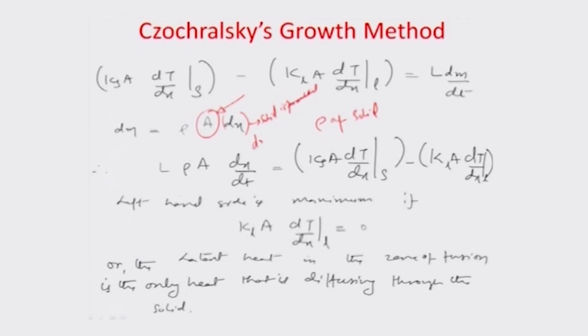So, dm, the differential amount of mass, is nothing but the density times the volume A dx, which is created by virtue of pull out from the zone of fusion into the solid state.